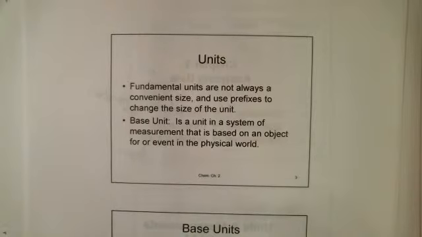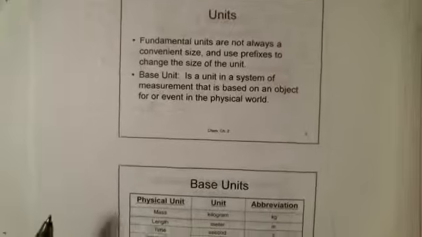How much is a kilogram? 1 kilogram is actually defined by a platinum and iridium cylinder that's housed in Paris. So the mass of that platinum iridium cylinder is defined as 1 kilogram. So the kilogram is a base unit. It's actually based on an object found in the real world.